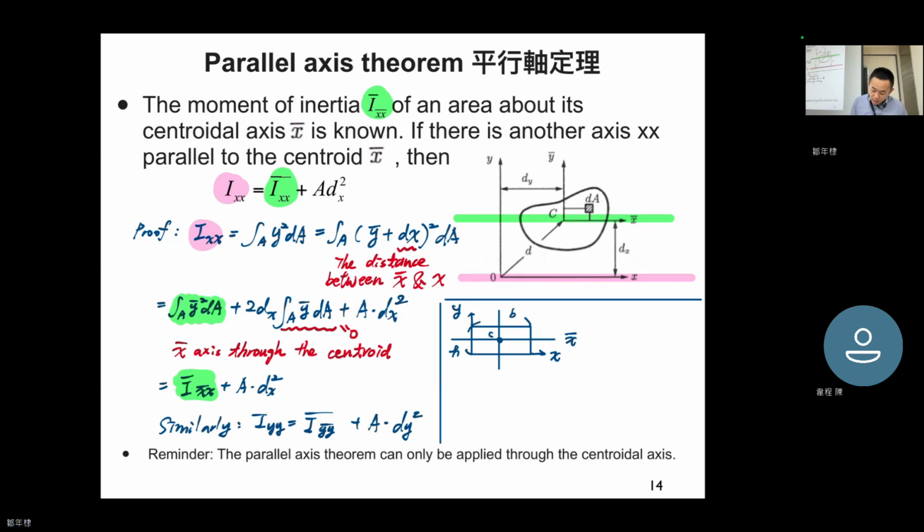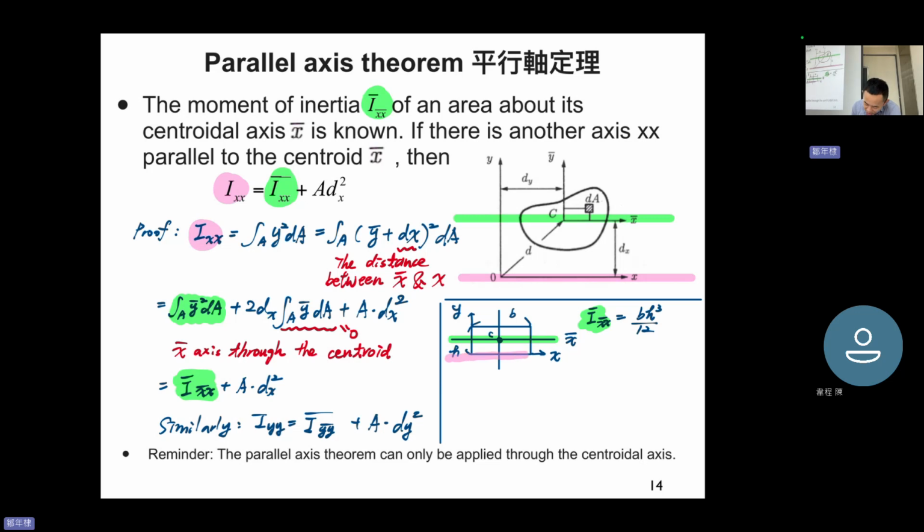And you know that I bar xx bar equals BH cubed divided by 12. You can check the previous page. So this axis is BH cubed divided by 12.